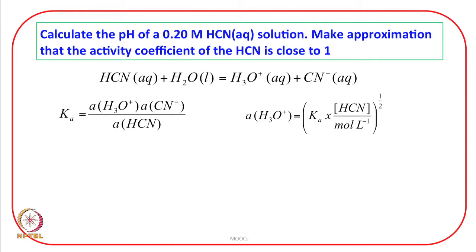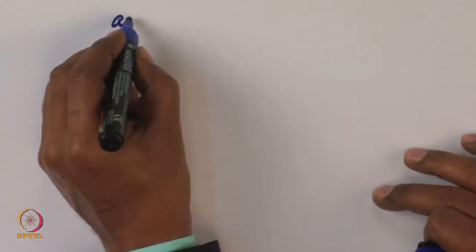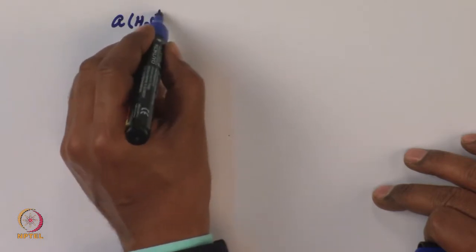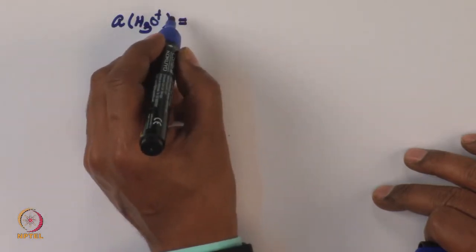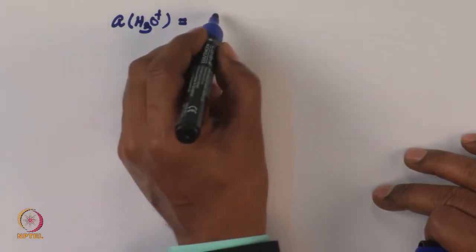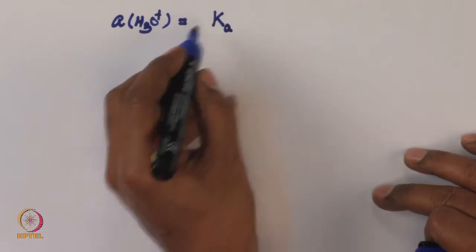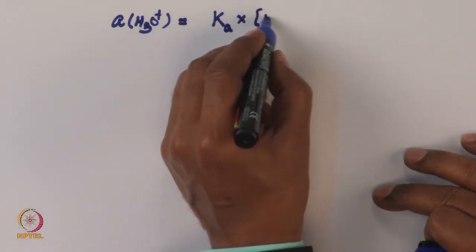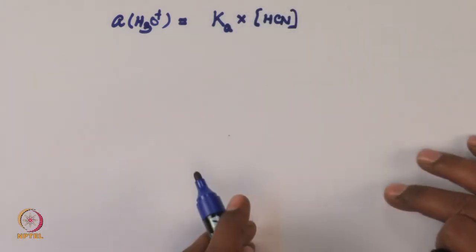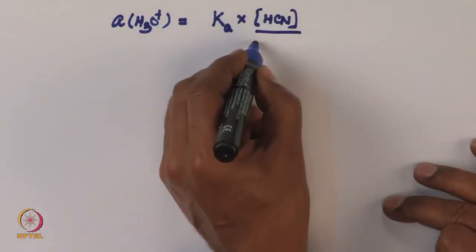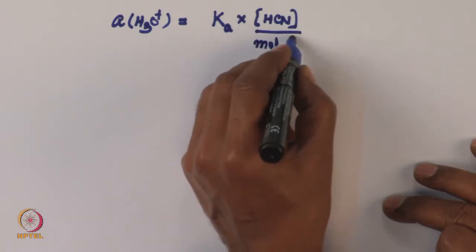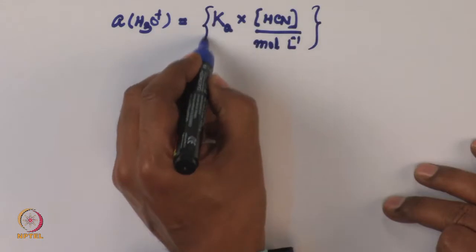Now what we do is, we have derived this expression, the activity of H3O plus is equal to Ka into the concentration of HCN, and in order to make it dimensionless, I will put mole per liter, and this is raised to 1/2.